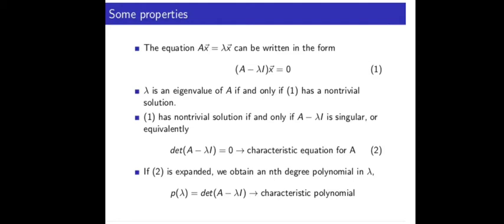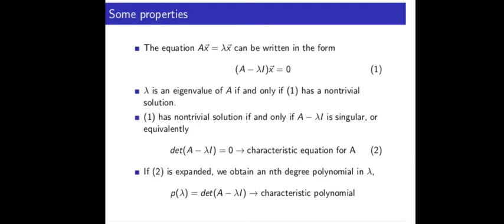Next, fourth property: the equation Ax equals lambda x can also be written as (A minus lambda I) x equals 0, where lambda is an eigenvalue of A if and only if equation 1 has a non-trivial solution, meaning a non-zero solution.